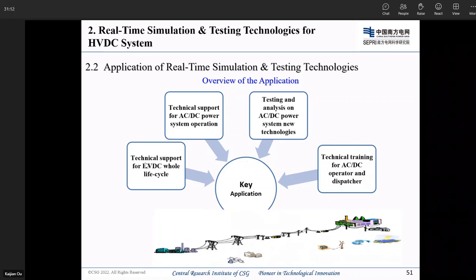First is the test and technical support for the HVDC whole life cycle. Another is AC and DC power system. Another is testing new knowledge of power systems. Another is training like this.